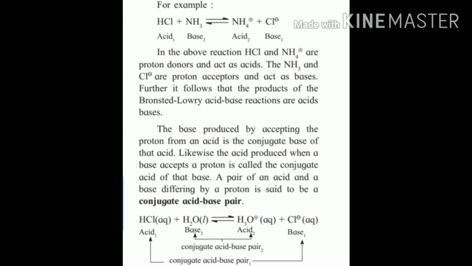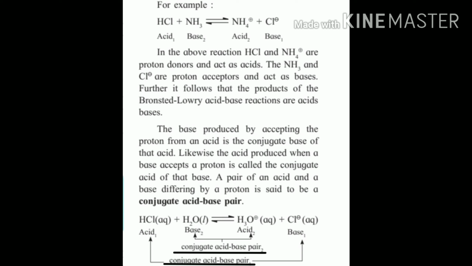And likewise the acid which is produced when the base accepts a proton is called the conjugate acid of that base. Now a pair wherein an acid and a base differ by just a proton, that is H plus ion, is said to be a conjugate acid base pair.